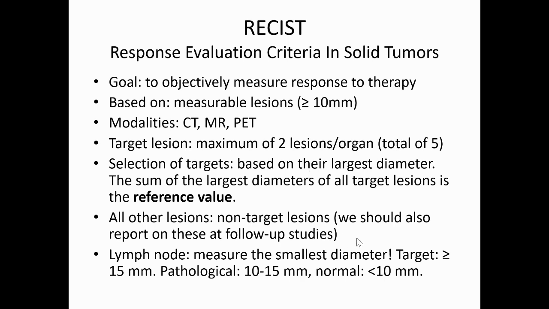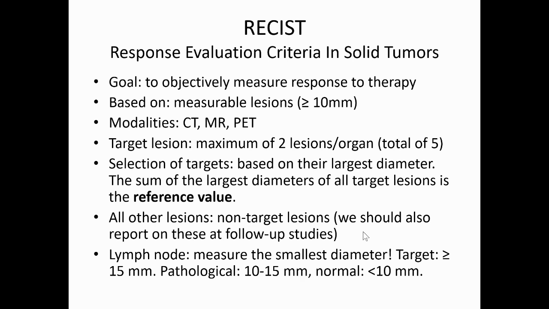All other lesions, which are non-target lesions like pleural effusions or bone metastases, those cannot be objectively measured at CT or these cross-sectional imaging studies. So we call them non-target lesions. We report them, but we do not put a number to them.